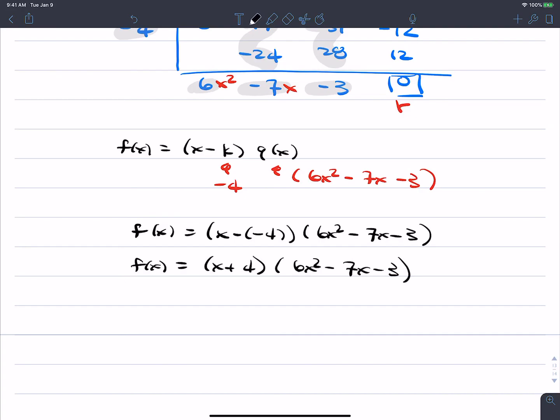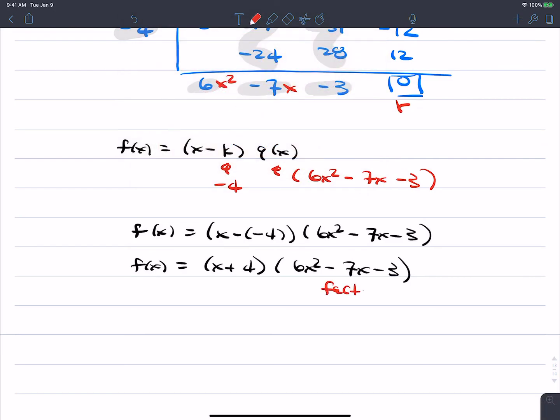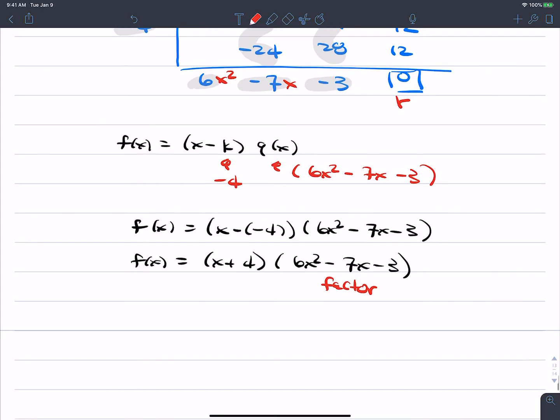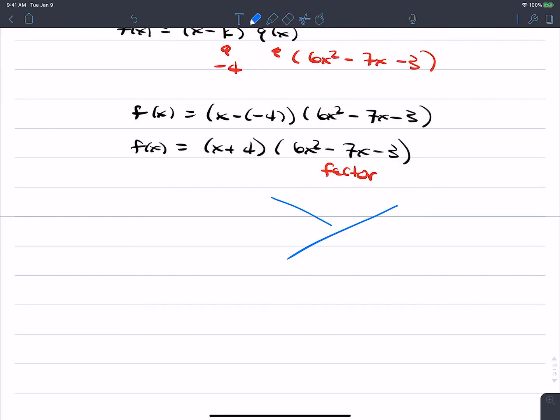So now at this point, we're going to have to factor this trinomial because we need the other zeros. So again, you use your favorite factoring technique, where here your product again is going to be negative 18, and the sum is negative 7.